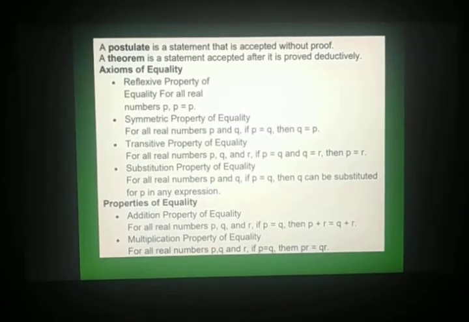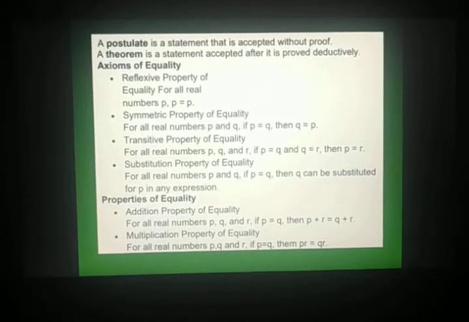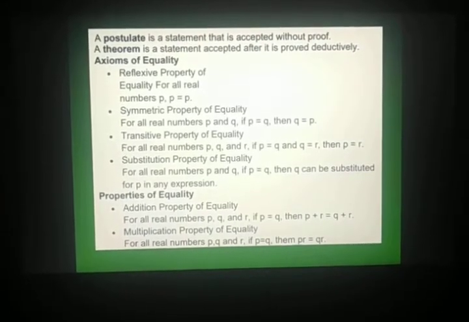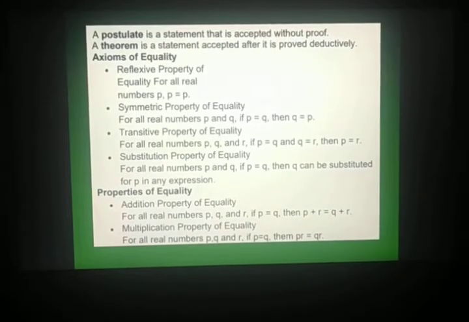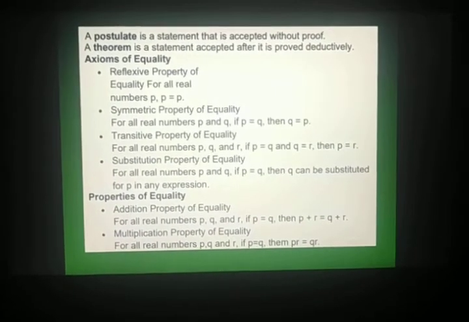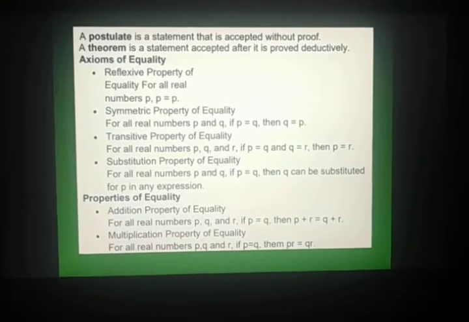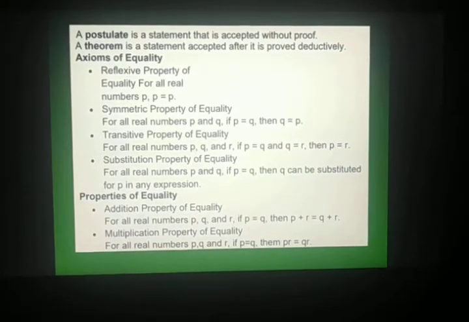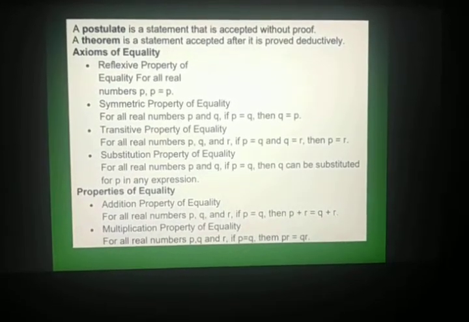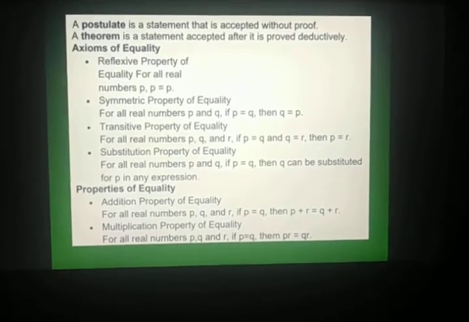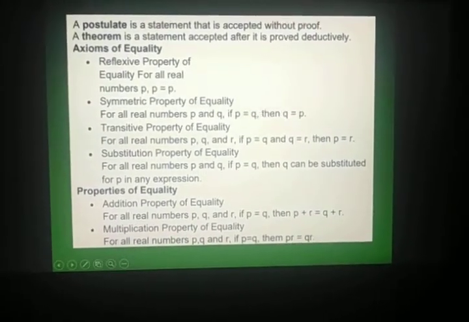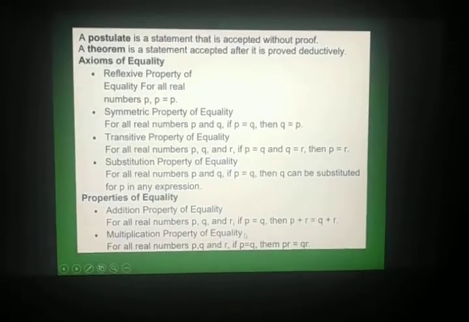We have axioms of equality: reflexive property, symmetric property, transitive property, and substitution property of equality. Also, we have the properties of equality: addition property and multiplication property of equality.